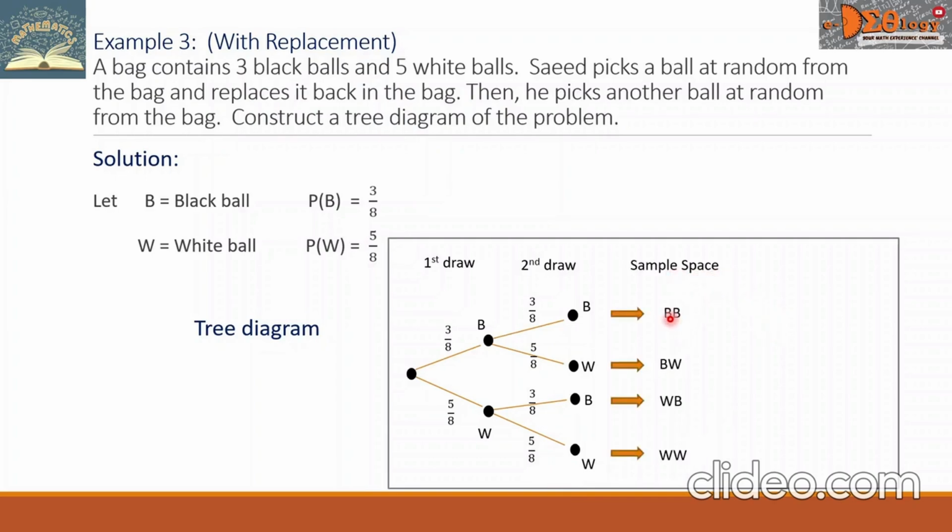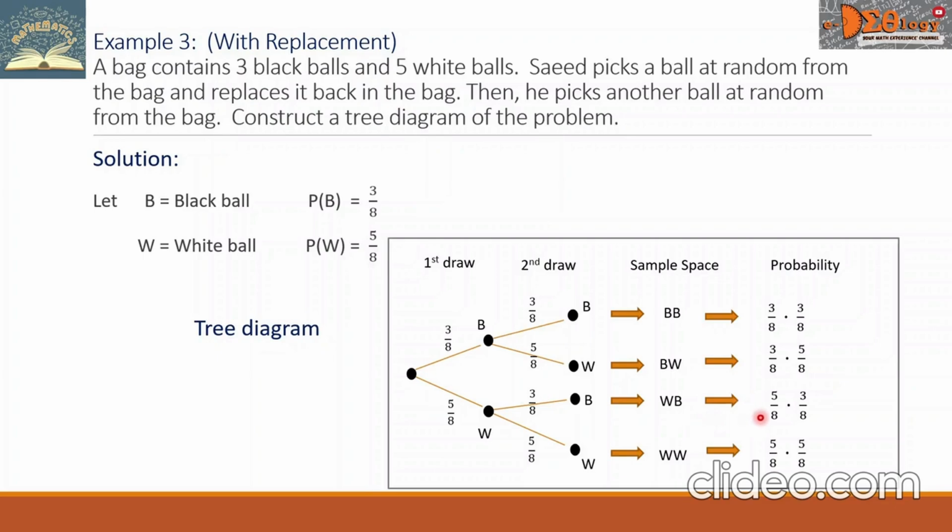We write the sample space: BB, means black for the first draw, black also in the second draw. BW, black, white. Here, white, black. And then white, white. Then we compute the probability. Simply, we multiply the corresponding probabilities. So for BB, 3 over 8 times 3 over 8. BW means 3 over 8 times 5 over 8.